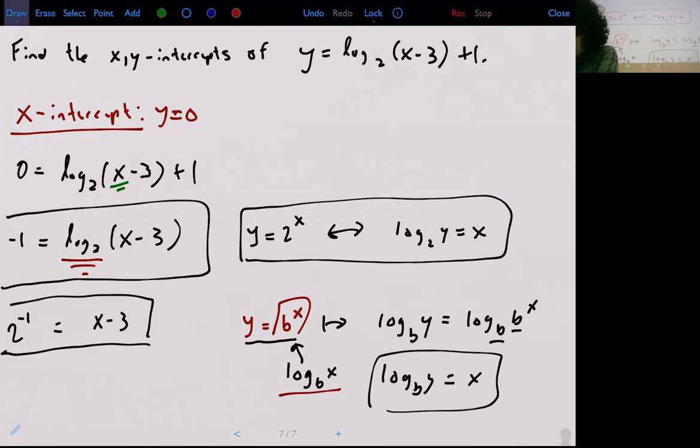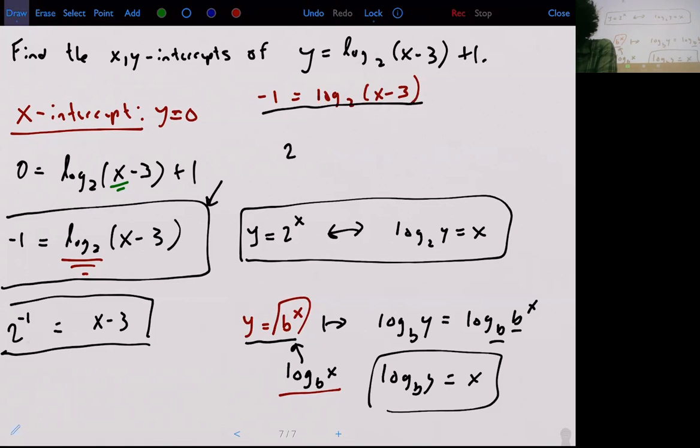So in this particular problem, let's look at this a little further. We had negative 1 is equal to the log base 2 of x minus 3. Another way to simplify this, besides using the definition, is to make both sides exponents of base 2.